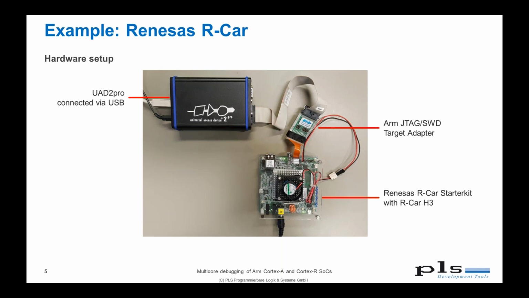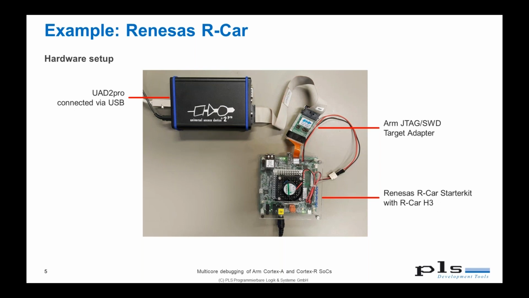And I use a starter kit board from Renesas with an R-Car H3 device here. This board is connected to the UAD using an SWD debug connection using our SWD and JTAG combined adapter here. And this is the only target-specific part of the whole debugger setup.